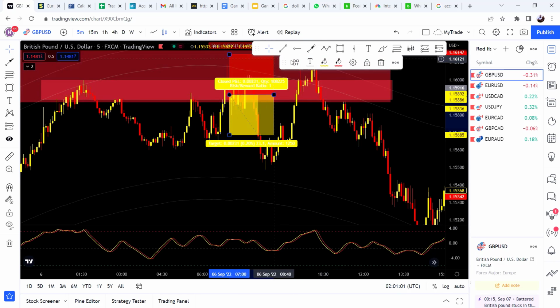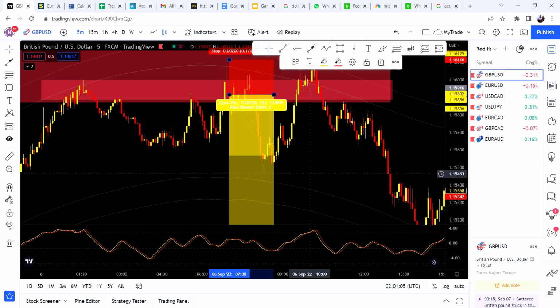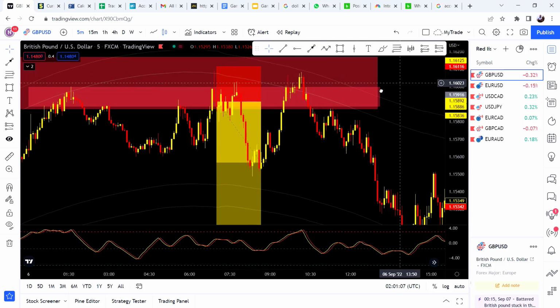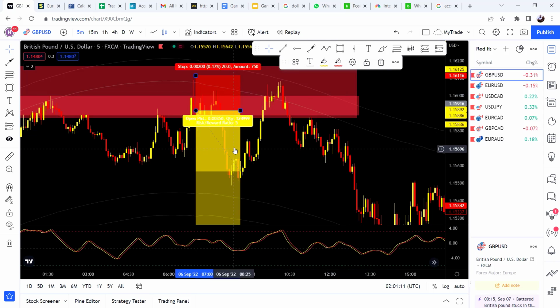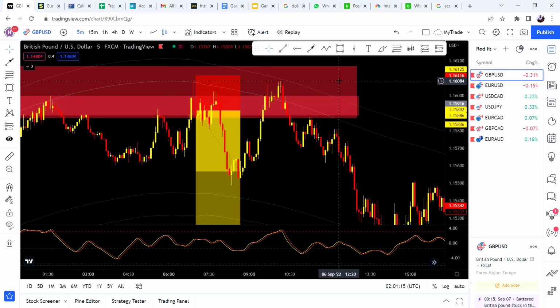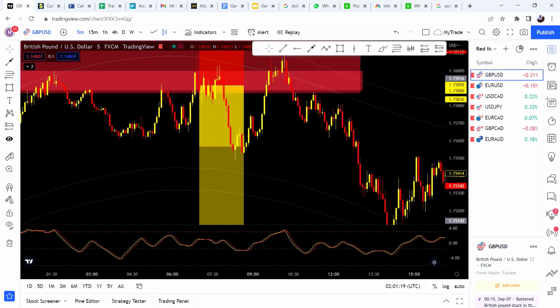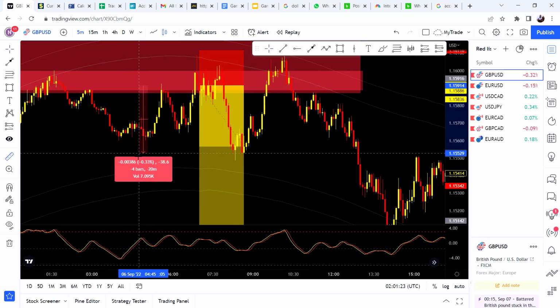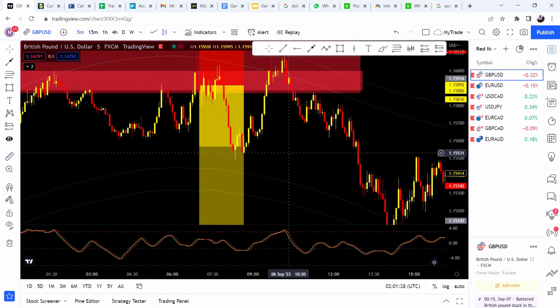Then I raised, let me check, 20 pips. Price almost took me out, but it didn't take me. Now it was here. All right. So price traveled about, let me check, 43 pips.